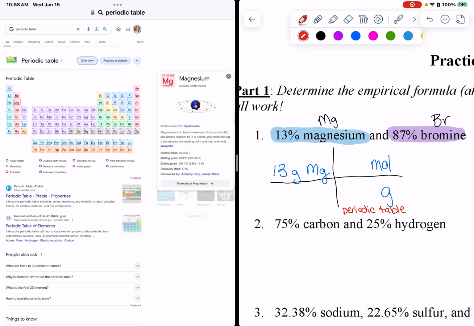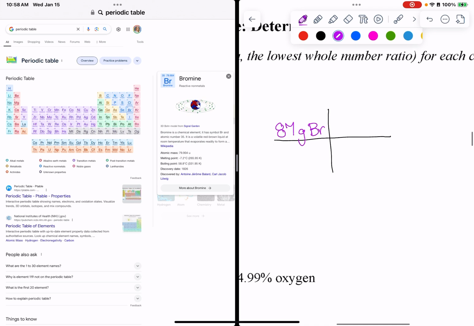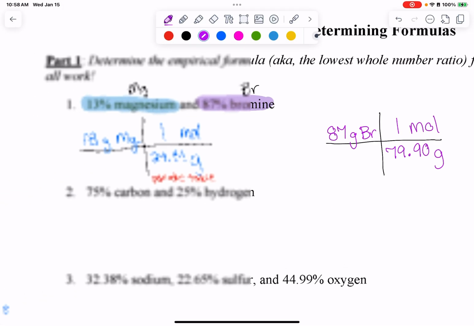If we round that to 2 decimal points, that'll be 24.31 grams for every 1 mole. Now let's look at bromine, Br. Br is right here. So for bromine, we get 79.90 grams for every 1 mole. All right, let's close out that tab.